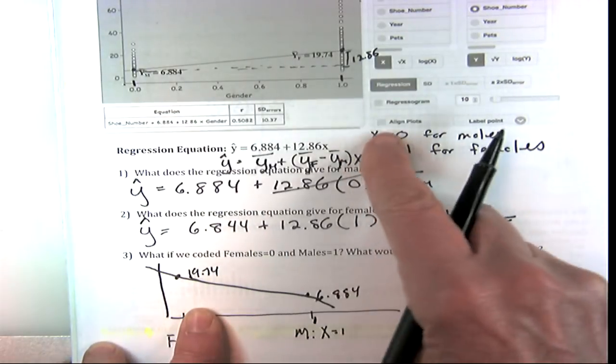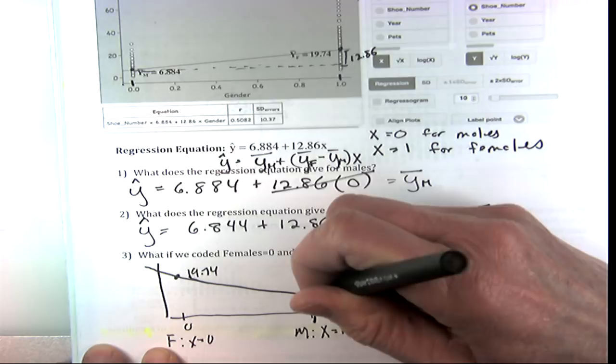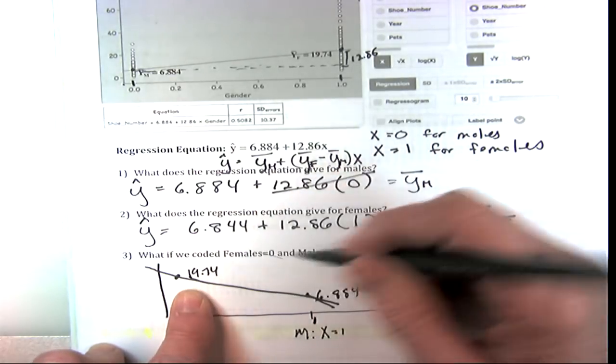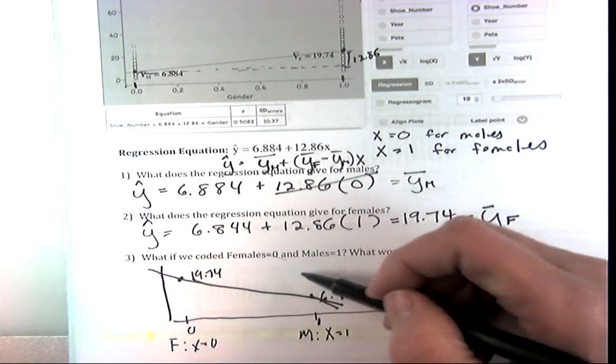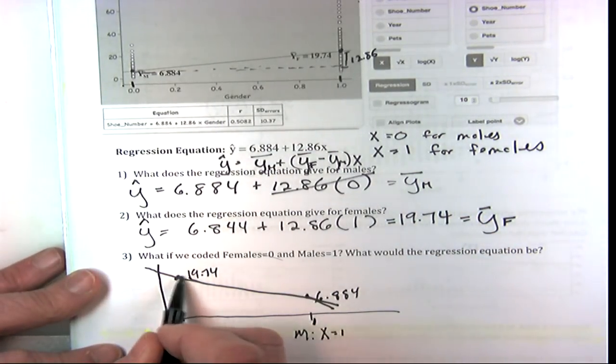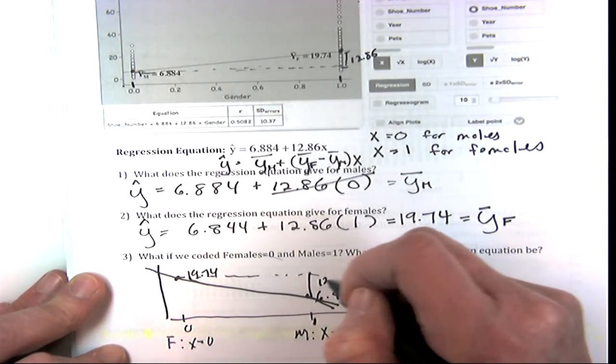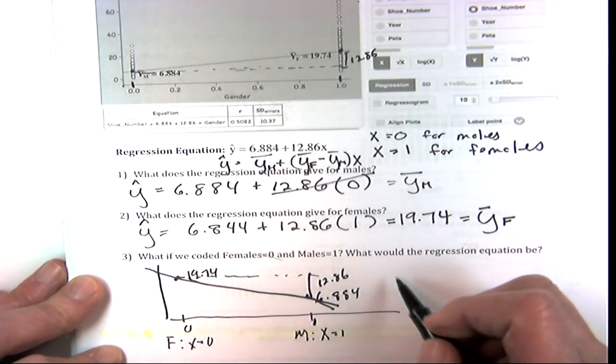It's going to be just the opposite. Everything's the same, except the slope's going to be, as you go over 1, instead of going up 12.86, we're going to go down 12.86. So what's the equation?